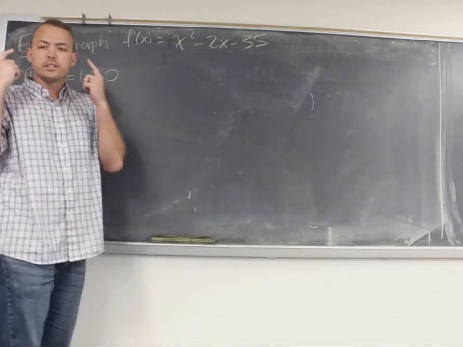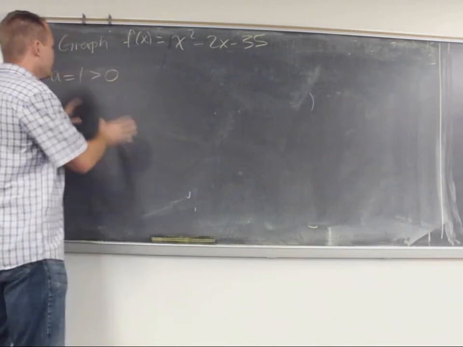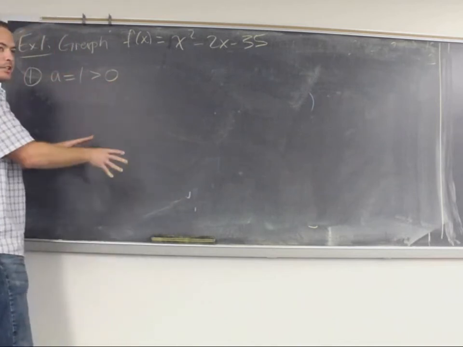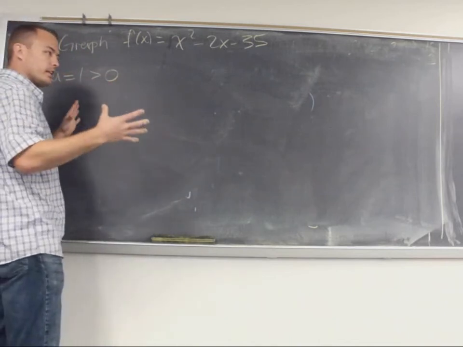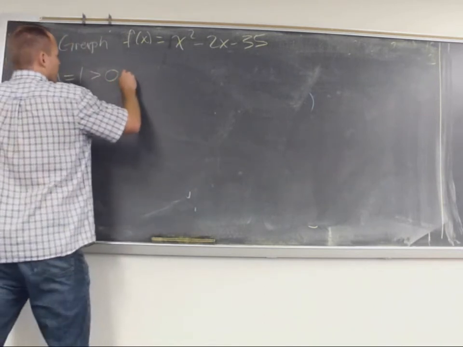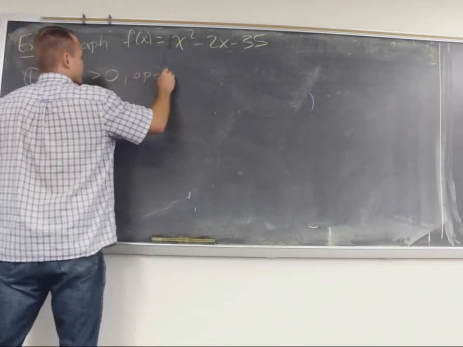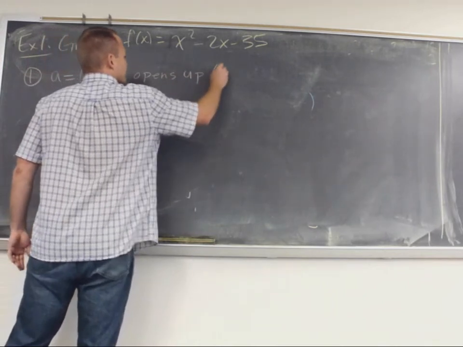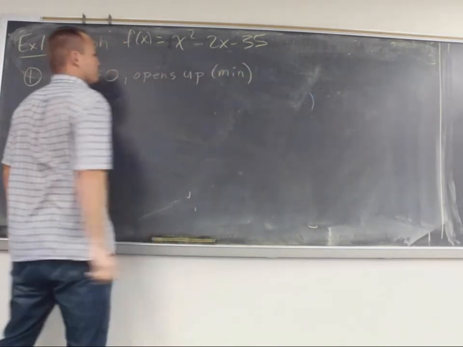So that's good information to keep in your head when you're graphing these things. You get little tiny bits of information, and then at the end we'll just combine them and it'll make it easier to graph. So we can say opens up, and that gives us a minimum value.